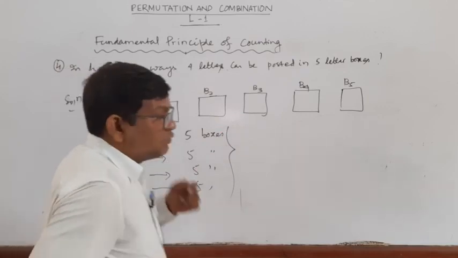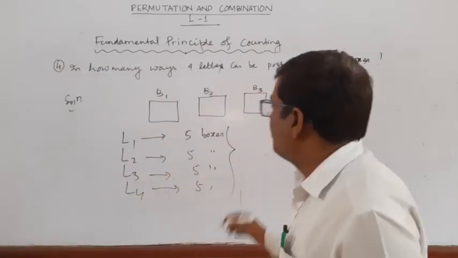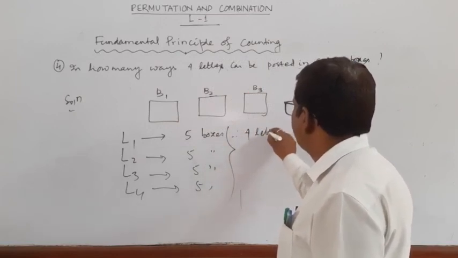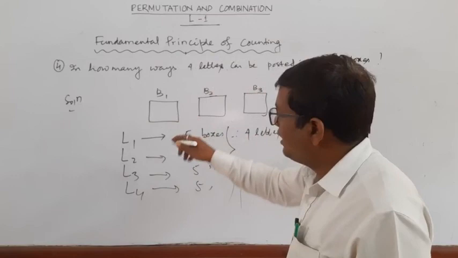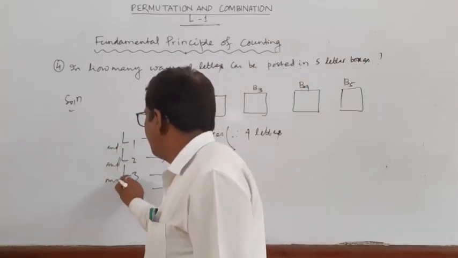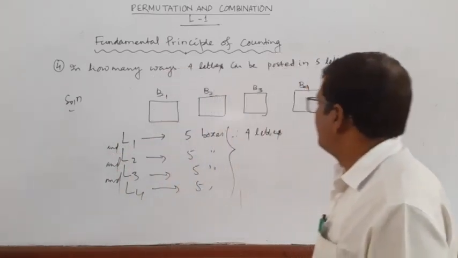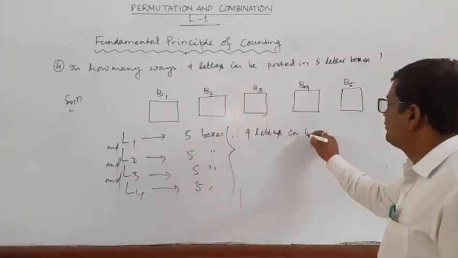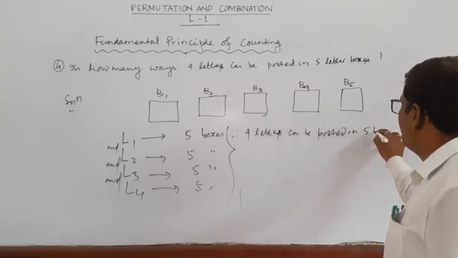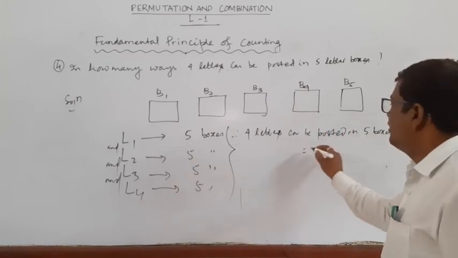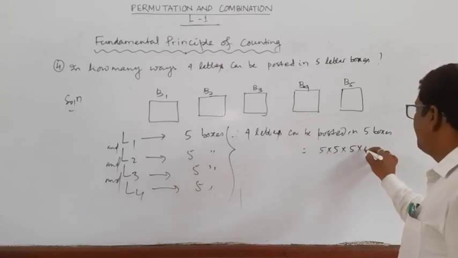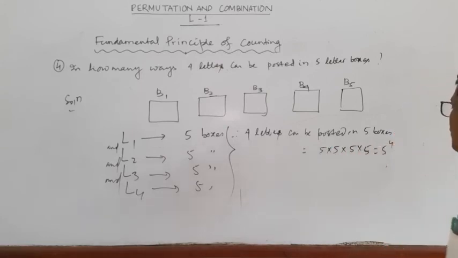So this is one more question. The total number of different ways 4 letters can be posted in 5 boxes is 5 into 5 into 5 into 5, that is 5 to the power 4 ways.